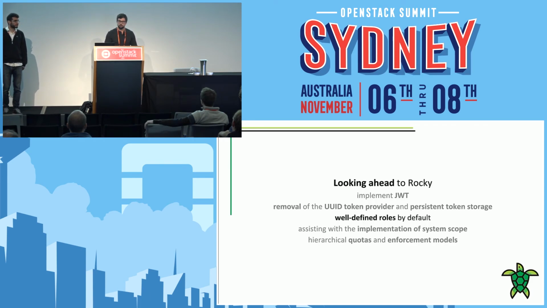With the Oslo policy improvements that we want to make, we're going to have all the tools required to start moving toward a set of well-defined roles by default. Right now in OpenStack, you have admin that can do everything everywhere and everyone else out of the box, and that's kind of suboptimal.